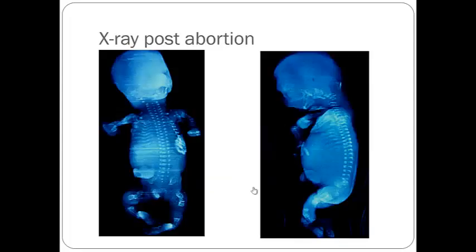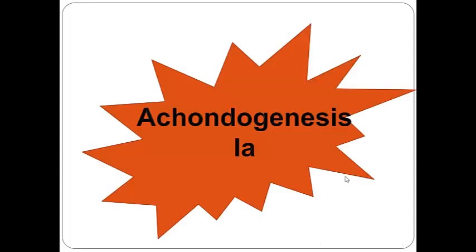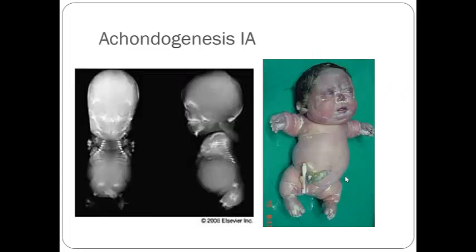This is the bone softening, and this is the femur, and this is the post-abortion X-ray. There are no skull bones. Even the femur and the spine are of low ossification. So it is a case of achondrogenesis type 1A, and this is a case from the literature, post-abortion.